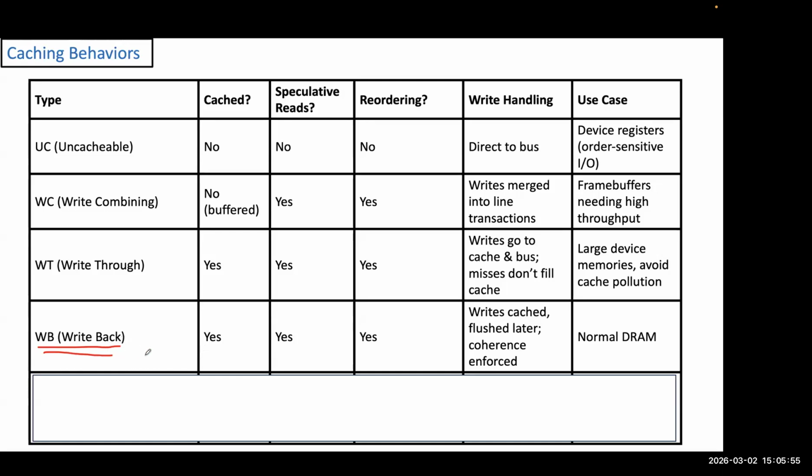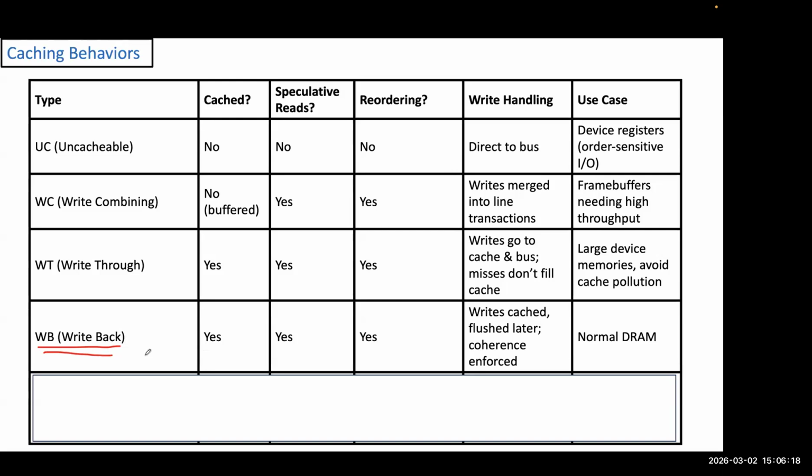So, write back behavior means that for any memory region or range of addresses which shows this behavior, if you read the data from that memory location, then that data will be cached. So its copy will be placed in L3.